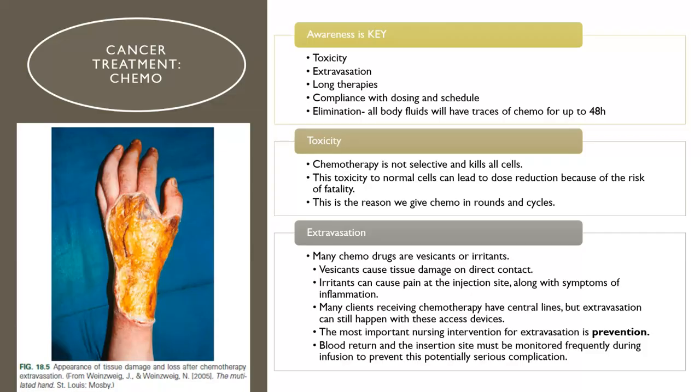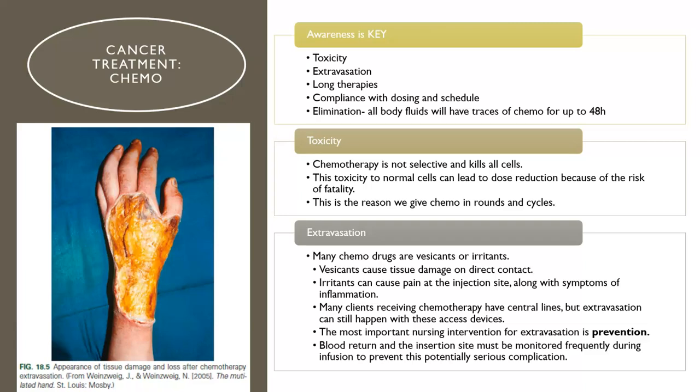We worry about extravasation. Long therapies, they're going to take the patient hours. When they go into the infusion center, they're going to need a couple days off work because they're going to get sick normally. It takes hours for the infusion, hours to monitor after. So the therapy is not a one and done.